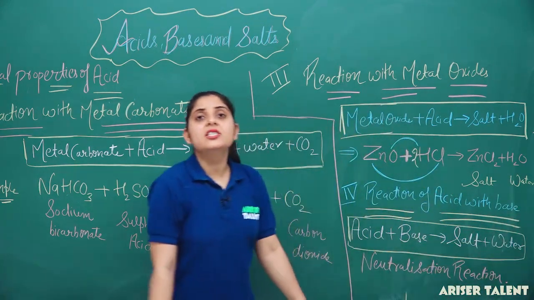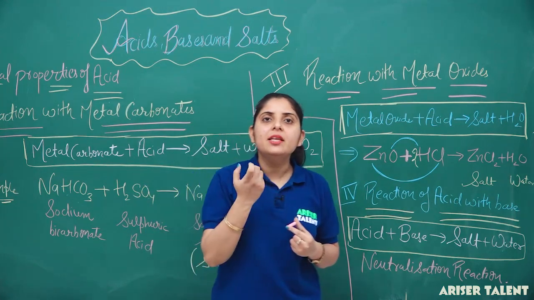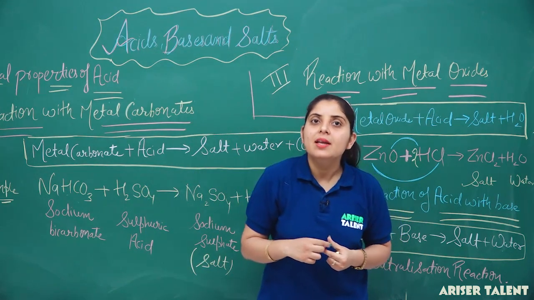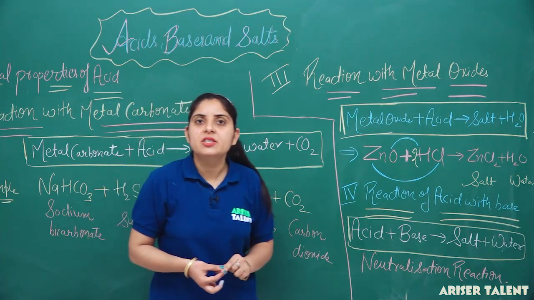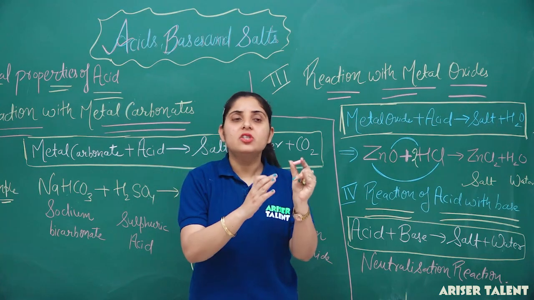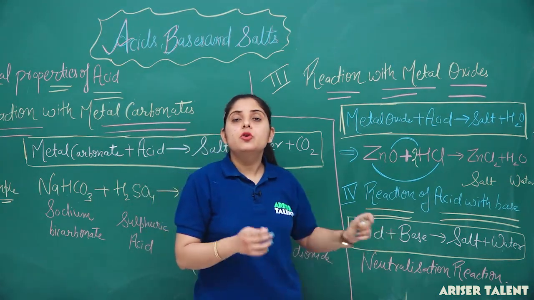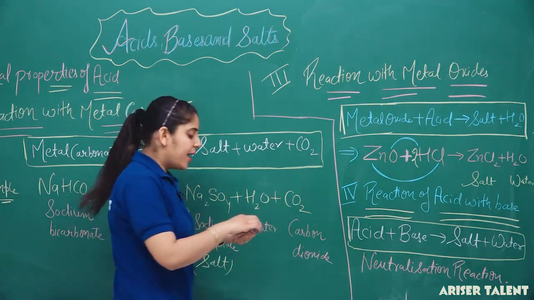So students, this question is important from your exam point of view: explain the neutralization reaction with the help of an example. So this will be the general representation of the neutralization reaction, and neutralization reactions are those reactions in which acid reacts with base to give salt and water. Now we will take an example to understand this reaction.